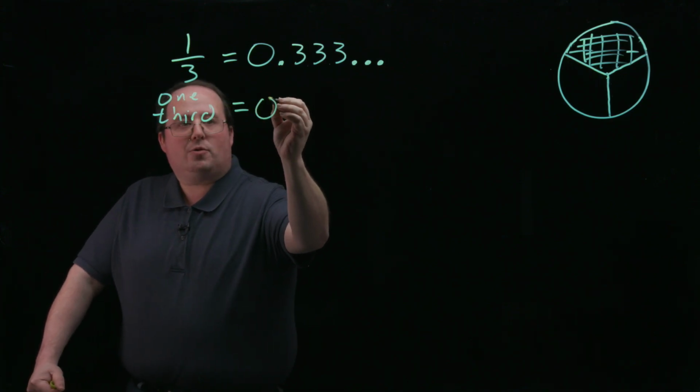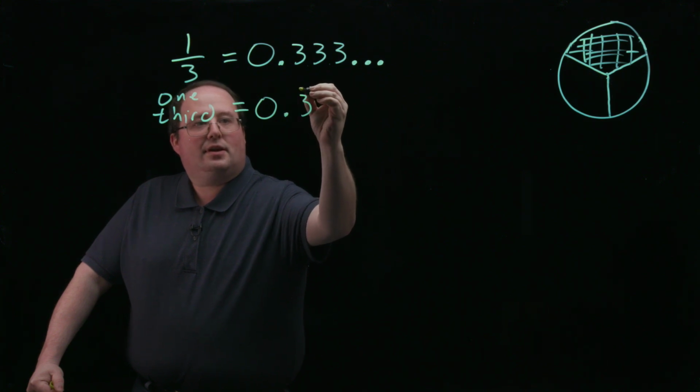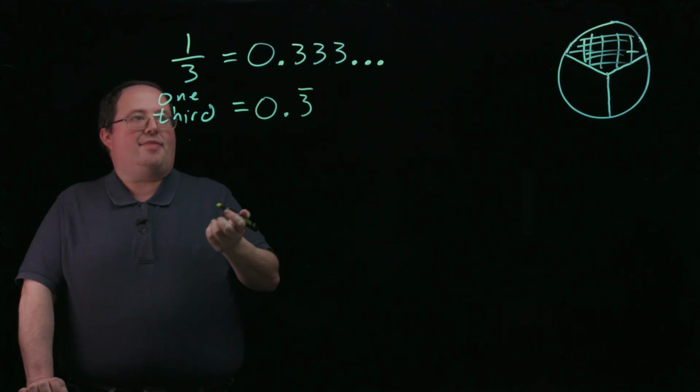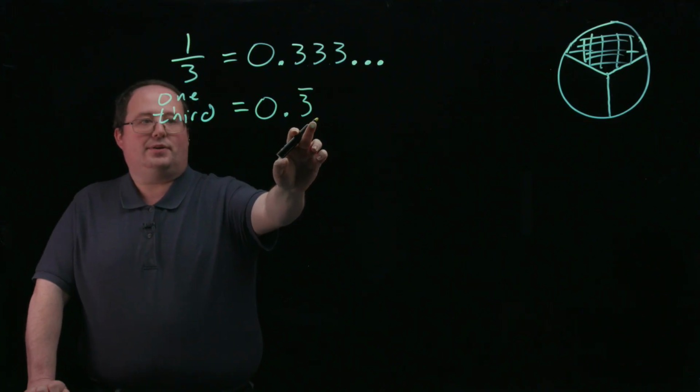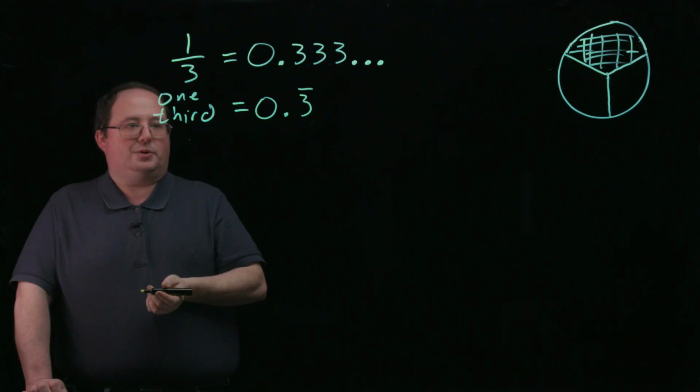Another more compact way that we could show this exact answer as a decimal is with 0.3 with a bar over the 3, and that bar means that this 3 is going to repeat infinitely. So there again we have an exact representation of 1/3 as a decimal.